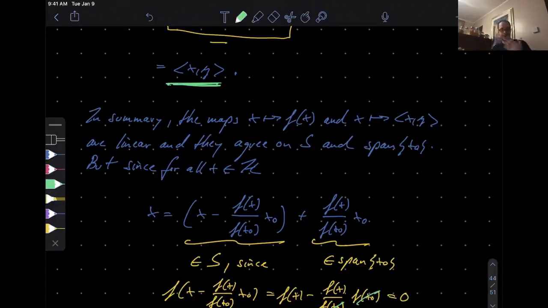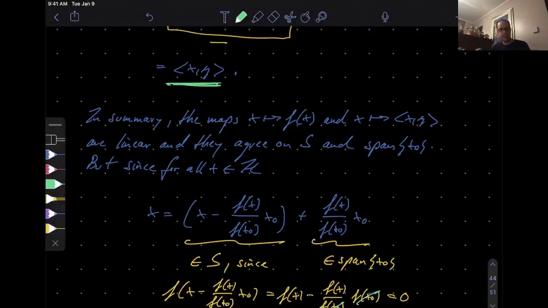Okay, so any vector in the Hilbert space you can represent as the sum of something in S, written out there, and something in the span of x naught. But you already know that f(x) is equal to the inner product of x with y on both of those.